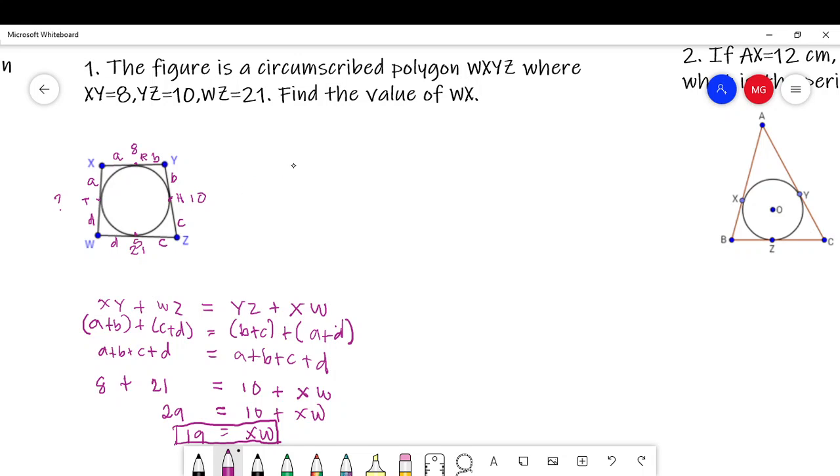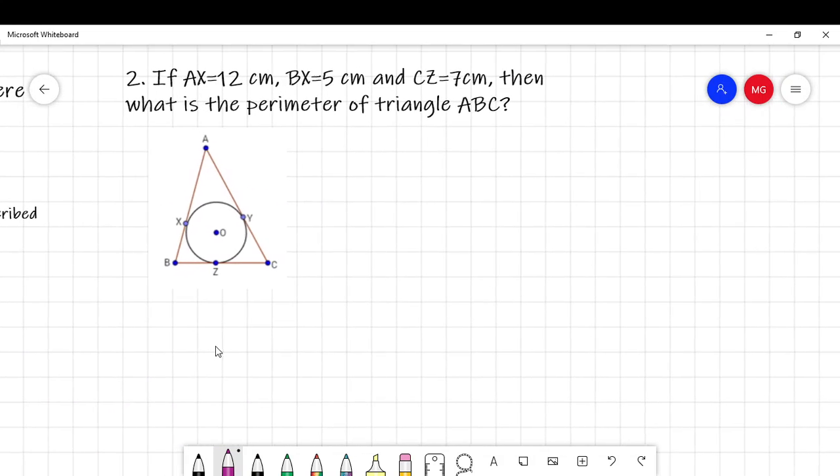Based on our solution, we can conclude that the sum of the opposite sides of a circumscribed quadrilateral is equal. Okay, let's proceed to the next example.